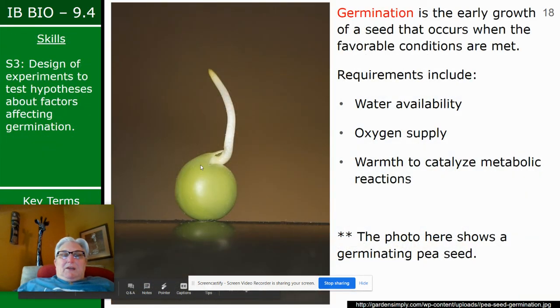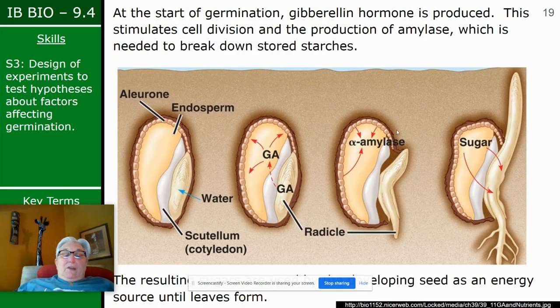Just a look here. Here's our seed, and we see a pea here, and it begins to germinate. Now, of course, with germination, you've got to have water, you've got to have oxygen gas, got to be warm enough. And those are really the pieces that you need. This happens to be a pea. Peas are very easy to germinate and get moving.